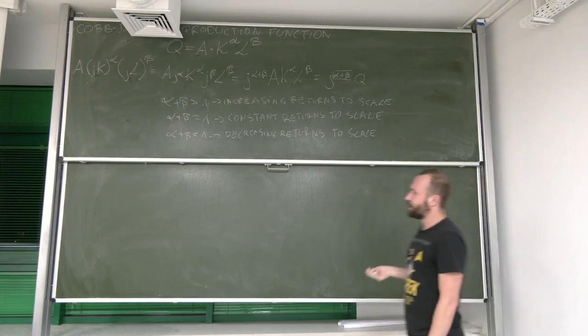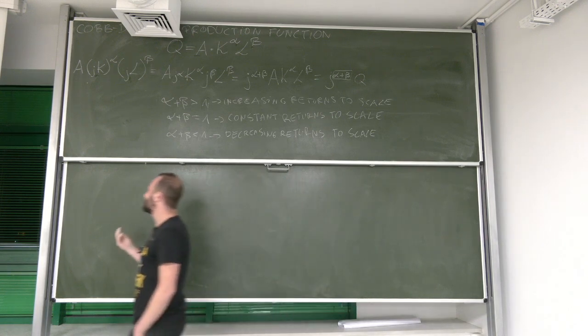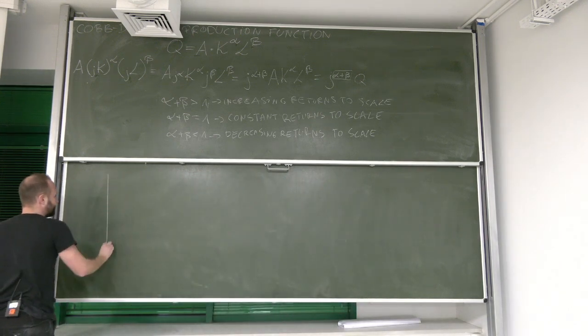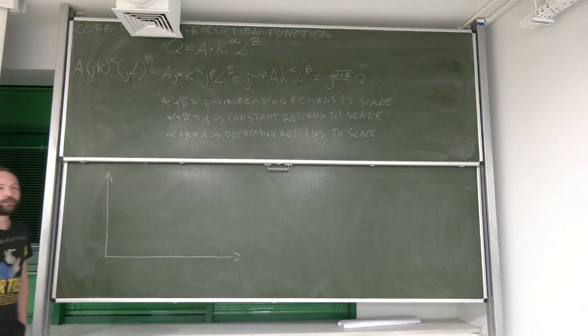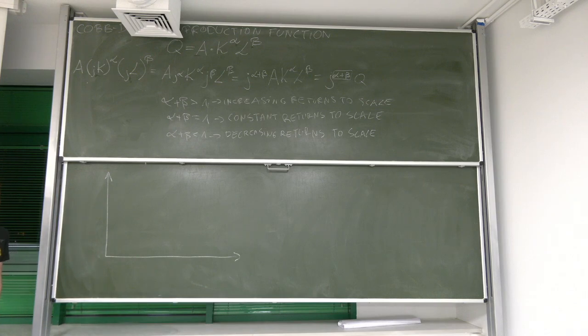Okay, but what is an isoquant? Isoquant is the counterpart of the indifference curve, however not used in consumption but in production.